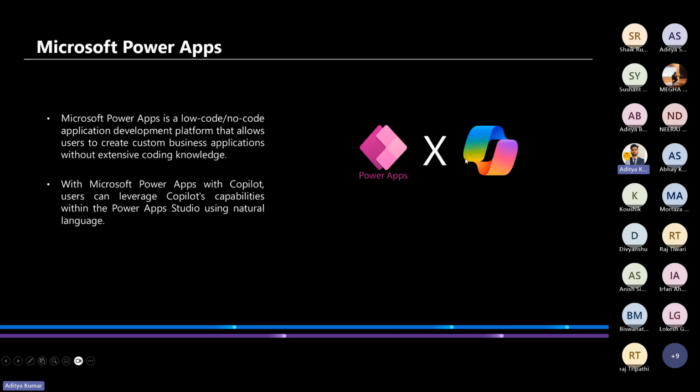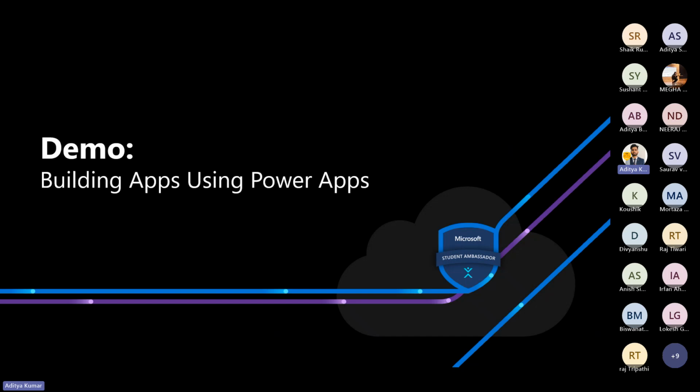In that case, you can apply for, I guess, a student plan, which I will be sharing later. So with Microsoft Power Apps with Copilot, you can leverage Copilot's capabilities inside Power Apps Studio by using natural language. You just have to give a prompt and then it will tell you what you have to do. Okay, without wasting our time, let's move to the demo part.